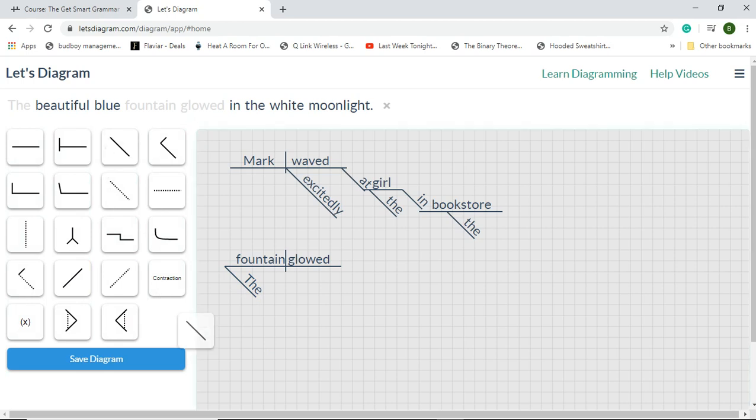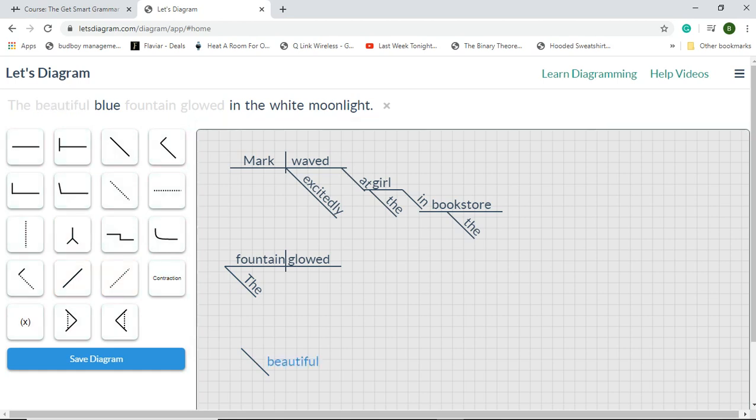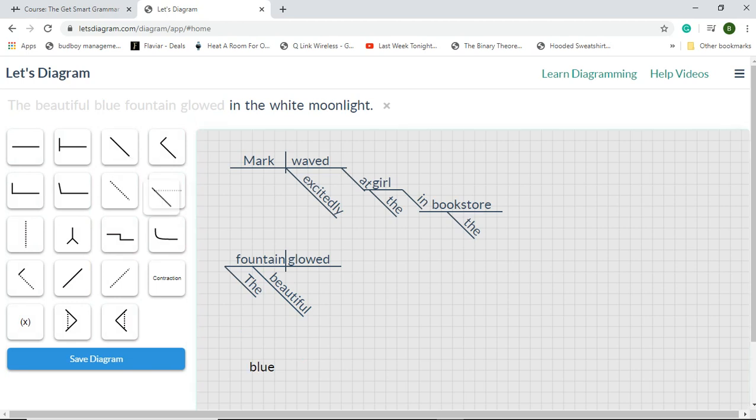It is an adjective. Which fountain? The beautiful fountain. Okay. Let's sneak one more in there. Blue is also an adjective. So we have 3 adjectives for this one. And it is modifying fountain. Which fountain? The blue fountain. Okay. So let's take that. We'll sneak it right up here. There we go. 3 adjectives modifying fountain. The, beautiful, and blue.